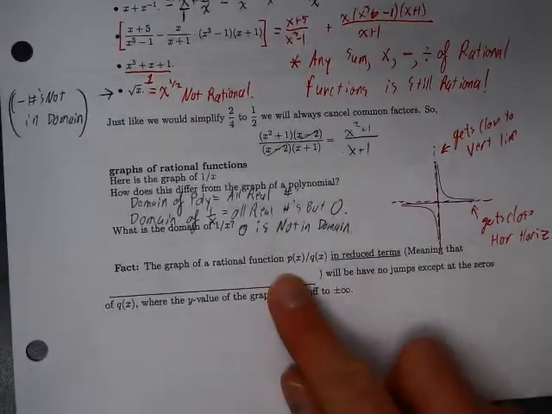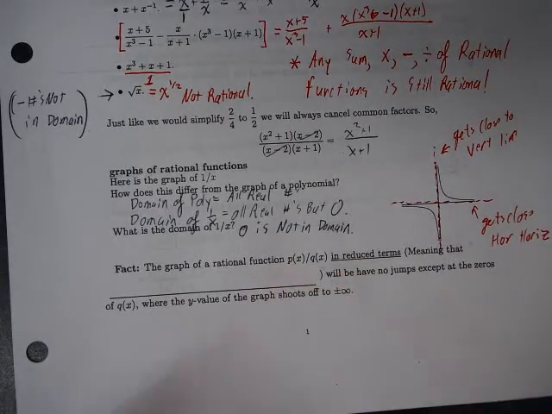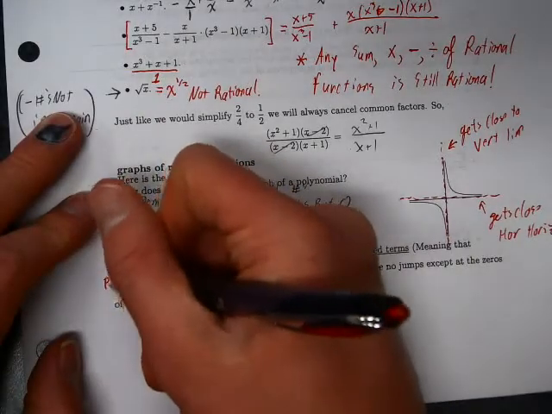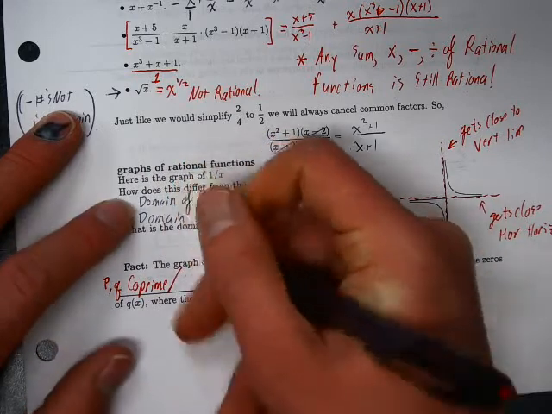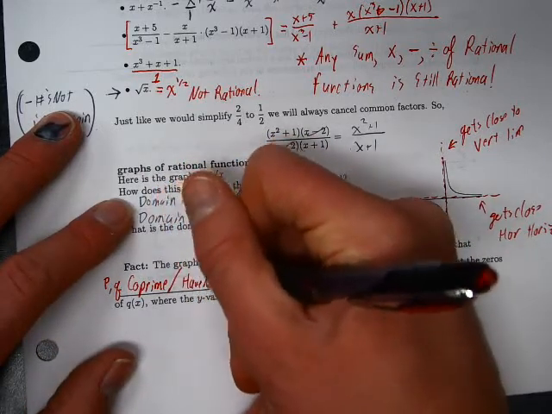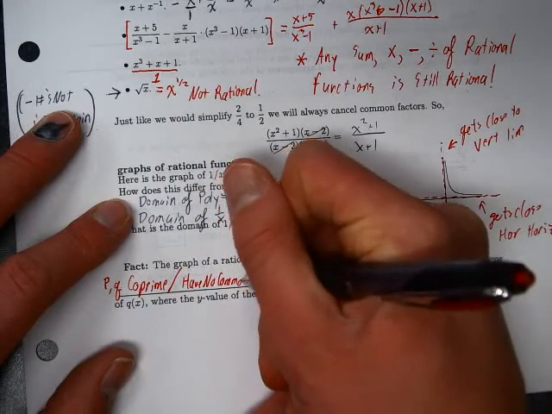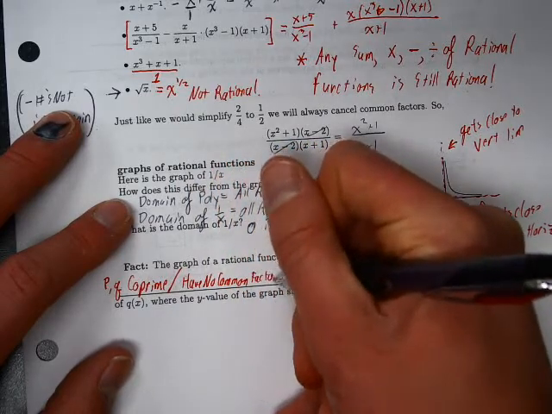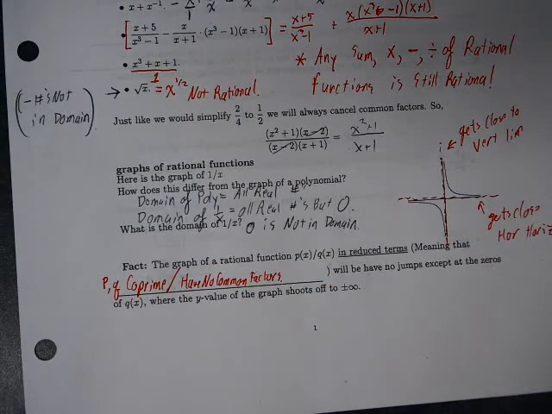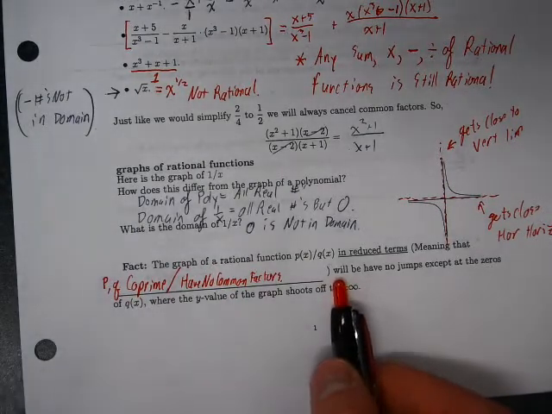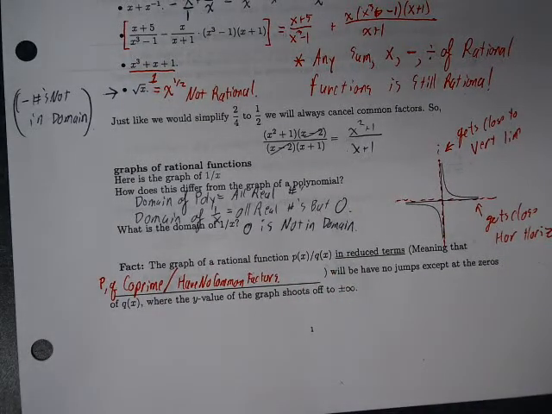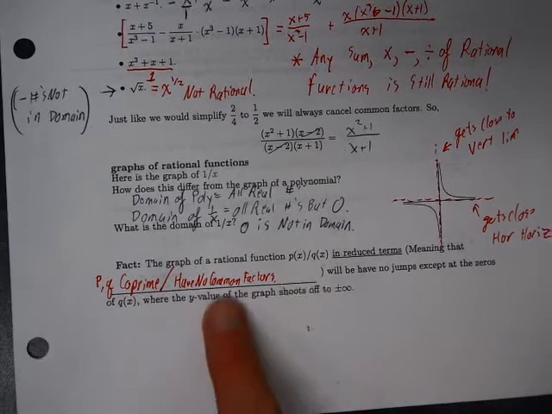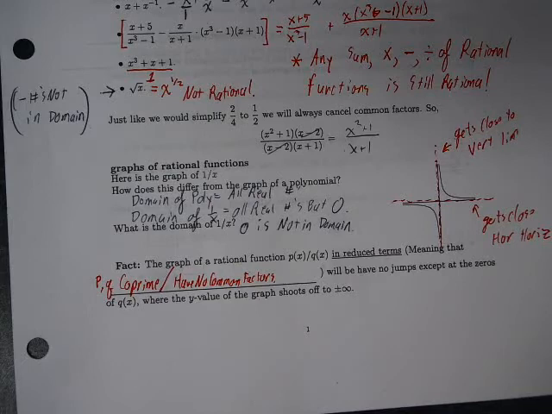In general, if you have a rational function in reduced terms, meaning p and q are coprime, or said in other words, they have no common factors, then the graph will have no jumps, no discontinuities, except at the zeros of the denominator, where the y values of the graph shoot off to plus or minus infinity.